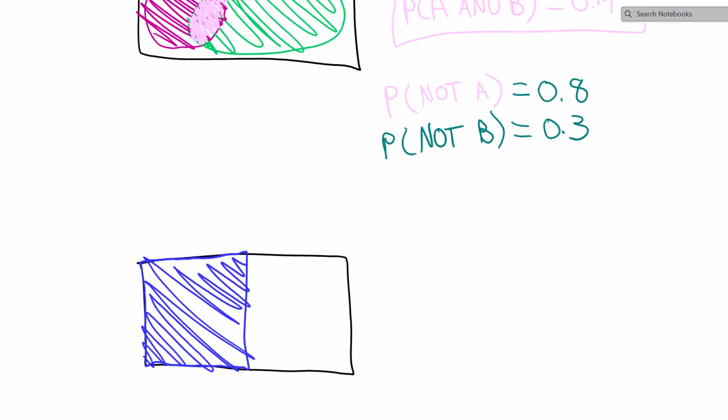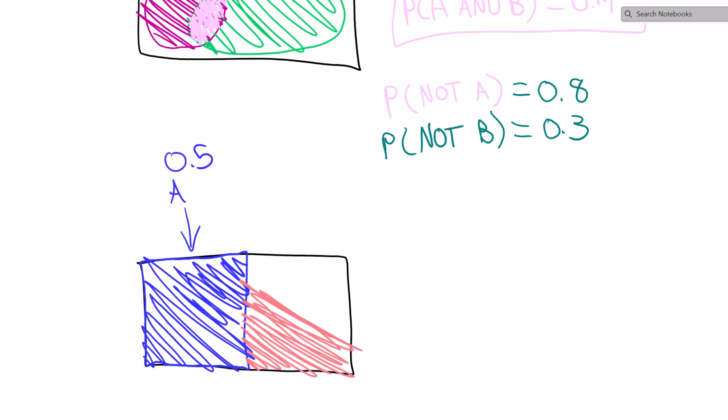I know my scribbles aren't exactly perfect, but let's say this is A. Event A is 0.5 likely to happen, or 50% of the time. And B takes up all the rest of the space. There is no space where A and B are not happening. So B can happen 0.5, or half the time.